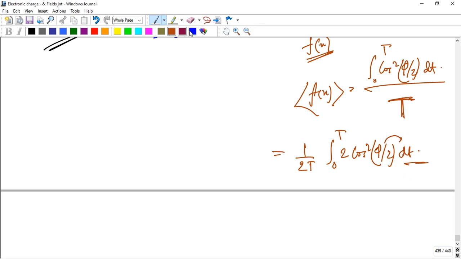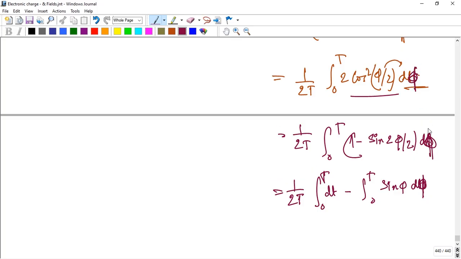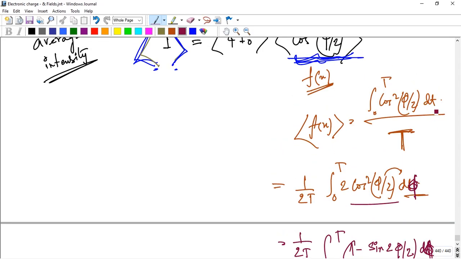So that is 1 by 2T, integral from 0 to T of 1 minus 2 cos square theta, that is 1 minus sine 2 phi by 2, dt. So 1 by 2T, integral 0 to T dt minus integral 0 to T sine phi, suppose called d phi. Change the limit to d phi.